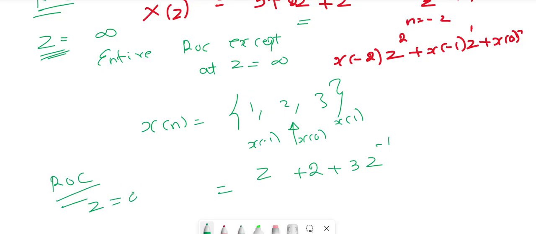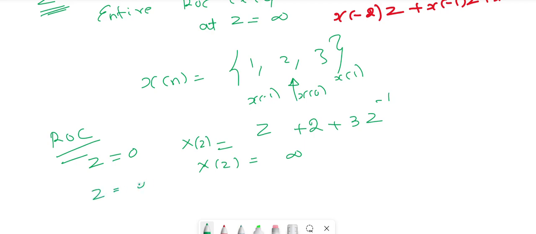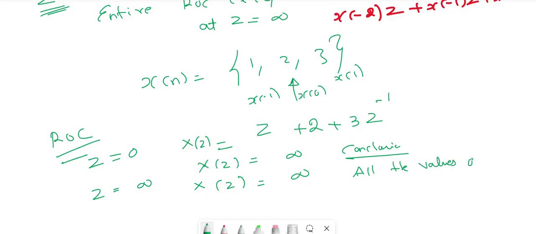If z equal to 0, X(z) will be infinite. Similarly, if z equal to infinity, X(z) will also be infinite. So what is the conclusion for the ROC? It is the entire z plane, all the values of z except at z equal to 0 and z equal to infinity.